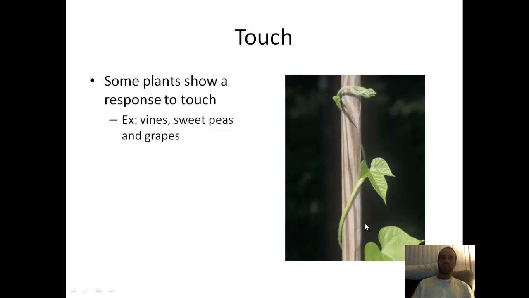And by vining up this other object, this could have been a tree, it could be anything in its environment, it's growing up really tall, and it's allowing its leaves to get a better chance of getting sunlight. So by growing and vining around something in its environment, it's got a better chance of growing up tall, so it's not blocked from the sun. So that's how plants can respond to touch.